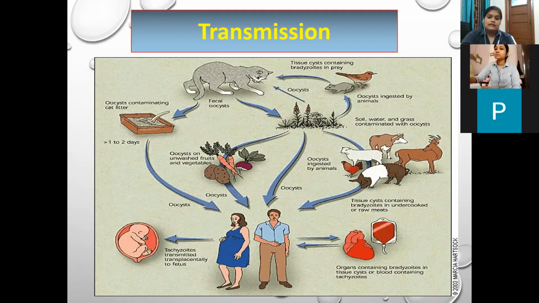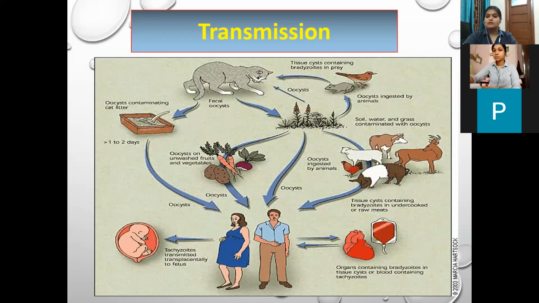These are the stages present inside the intermediate host. Later on, to hide from the immune system of the intermediate host, they form the tissue cyst and convert into the bradyzoite. This tachyzoite may also penetrate the placenta and infect the developing fetus. So this is how the infection is transmitted.